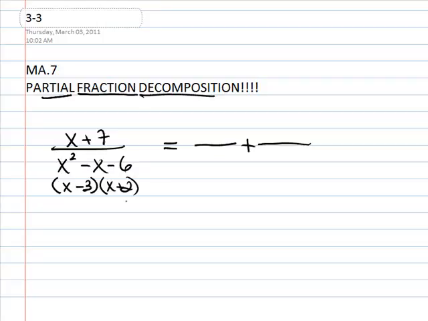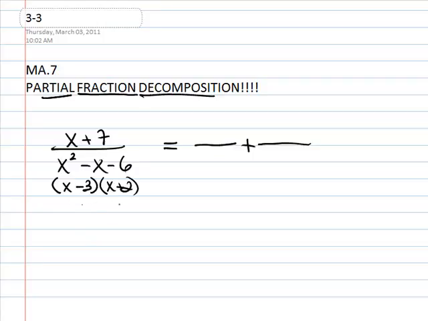So those are the factors of the denominator. So we are going to make one partial fraction for each linear factor of the denominator. Linear, remember, means x to the first power. These two factors are both linear.